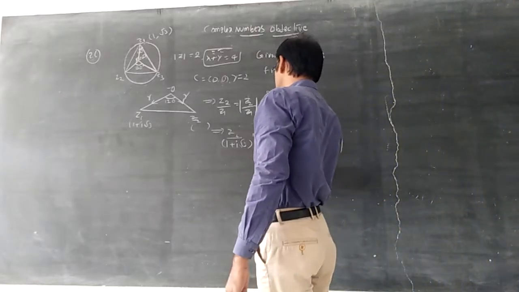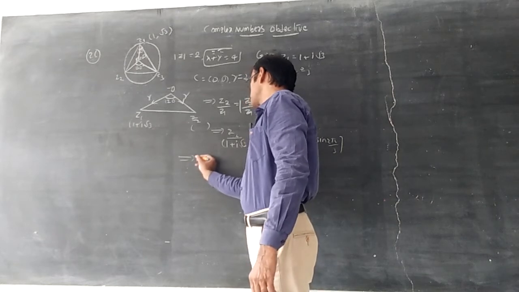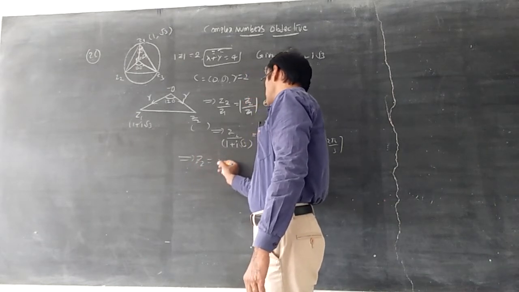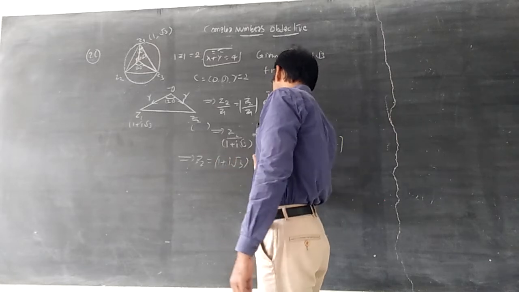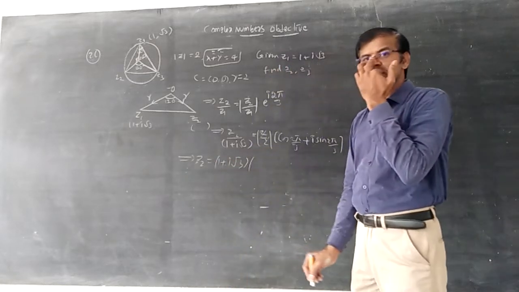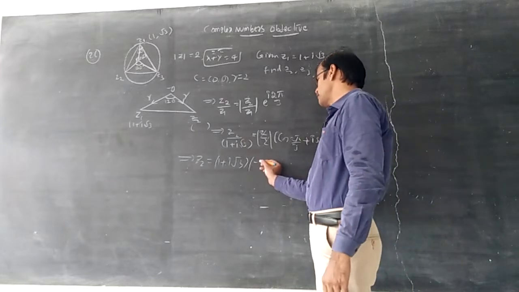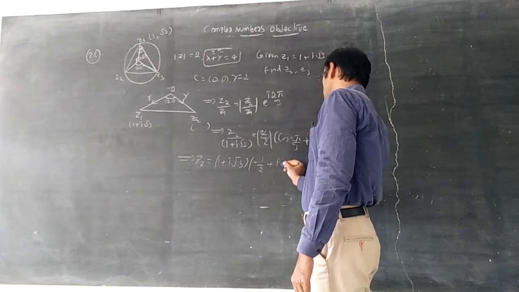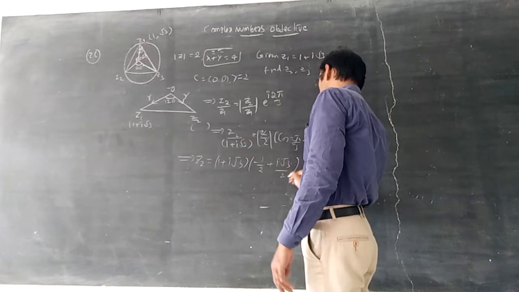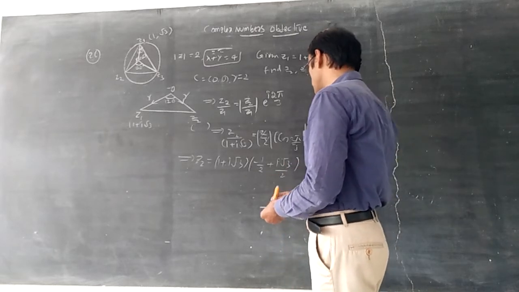Now the 2s get cancelled. That implies Z2 is equal to 1 plus i root 3 into cos 120 plus i sin 120. Cos 120 value is minus 1 by 2 plus i root 3 by 2.